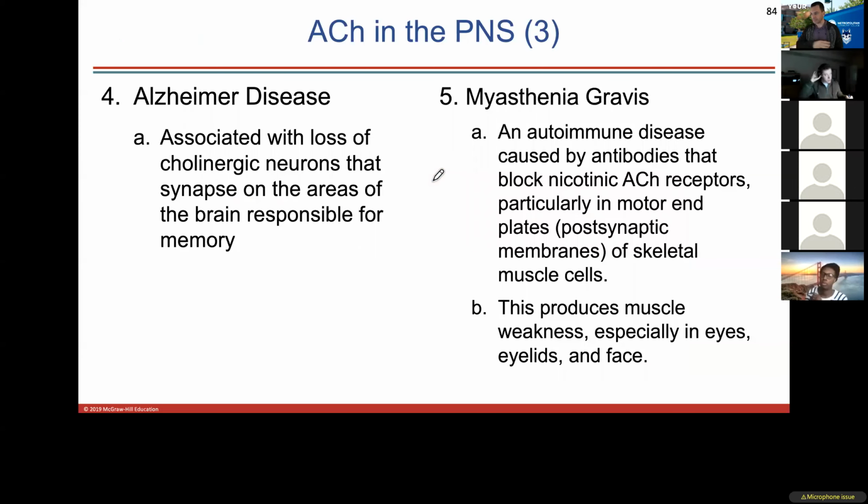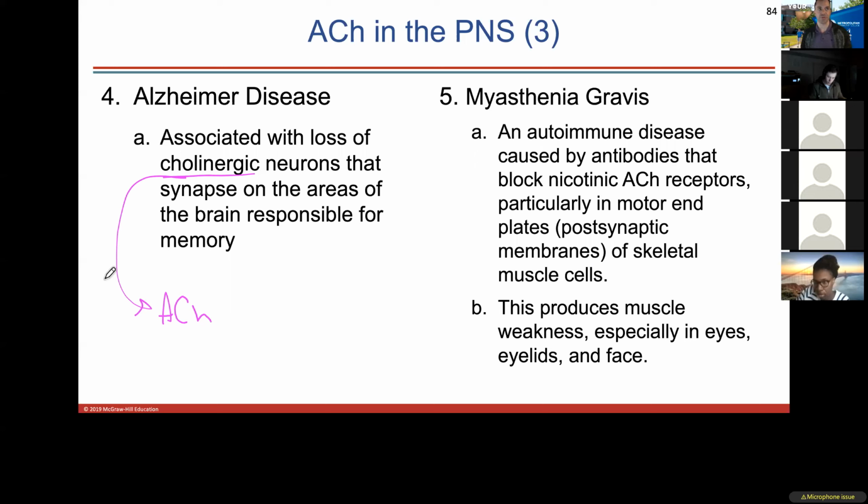We do have a large menagerie of conditions here. The book goes into, I believe, several of them. Alzheimer's disease is associated with loss of cholinergic, which is a fancy way to say an acetylcholine type of releasing cell. So it's associated with the loss of acetylcholine.